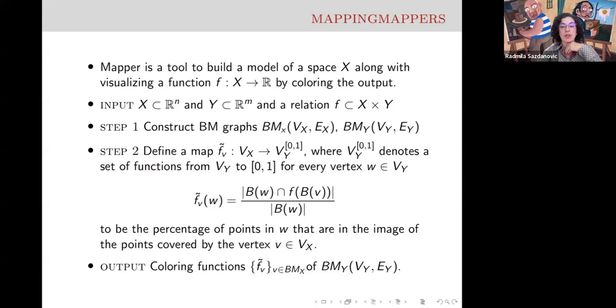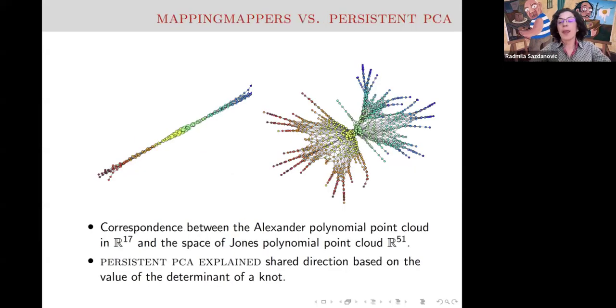So it's basically the percentage of points in this W that are in the image of the points covered by the vertex in the ball mapper of the original one. So the output here is the coloring function, and you can get one for each vertex in the ball mapper graph of X. And this is what this approach gave us.